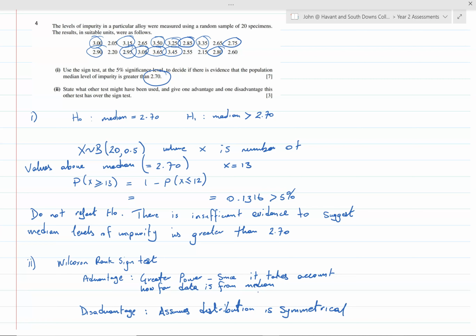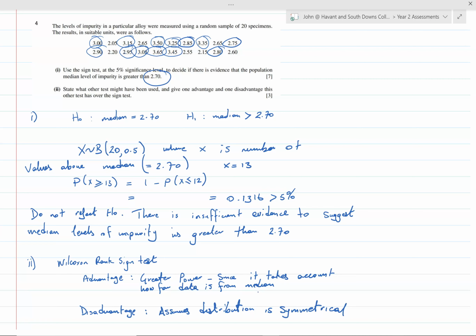It's not actually part of the OCR spec to talk about type 1 and type 2 errors, but the advantage with the Wilcoxon signed rank test is it is less likely to produce a type 2 error.